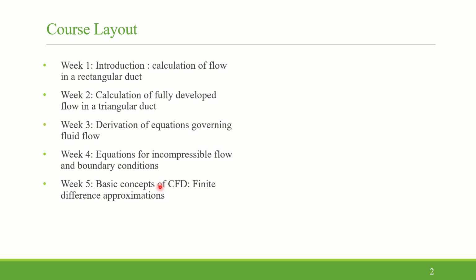Later we saw the basic concepts of CFD, finite difference approximations, and also consistency, stability and convergence, which are very important when we are doing a CFD study, because all the time we would not get a proper solution. So we should have some criteria for us to get a stable solution, because these simulations depend on system size.